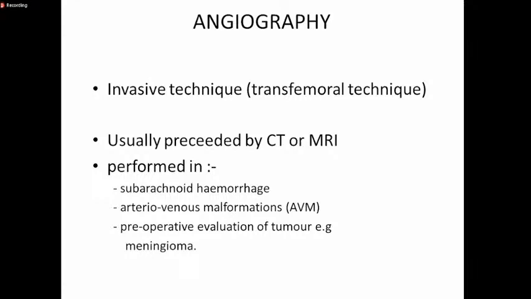With an arteriovenous malformation, you really want to see which particular blood vessel is supplying the AVM, so that if you are going to do any intervention, you know which blood vessel to go for. Meningiomas are very vascular tumors. You also need to see the feeding vessels so that you can plan beforehand.